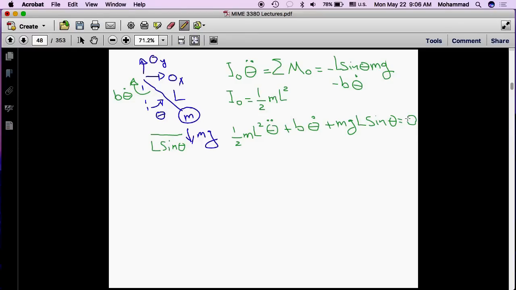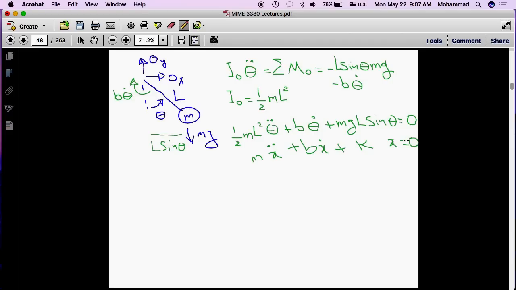Okay, now compare this to m x double dot plus b x dot plus k x equals 0. Similarities start with inertia.